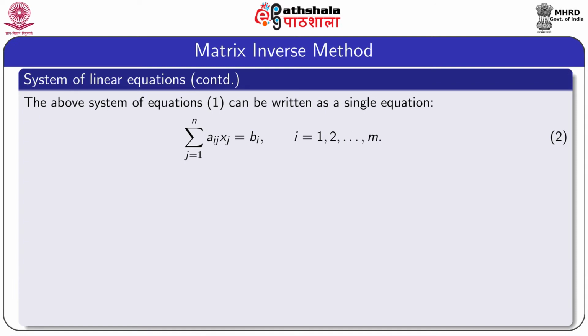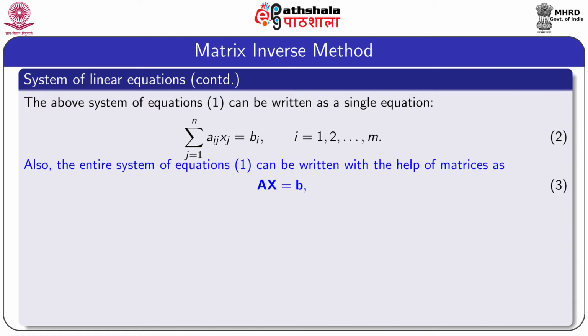The above system of equations can be written as a single equation: summation j equal to 1 to n of aij xj equal to bi. This is the ith equation of the above system, and this is true for i equal to 1 to m.